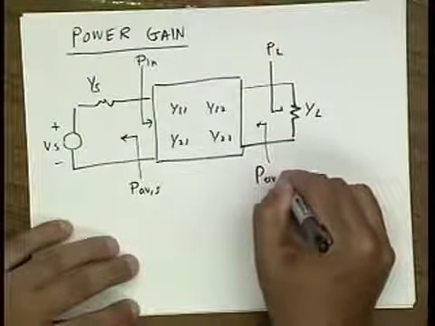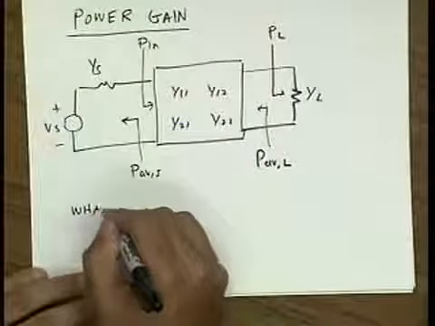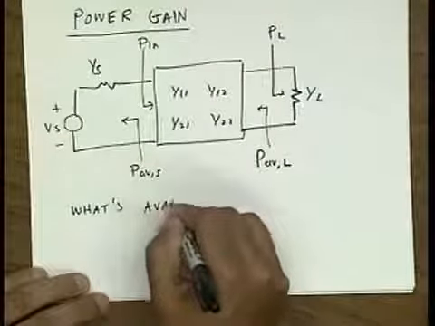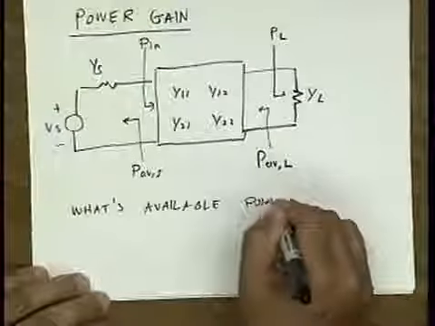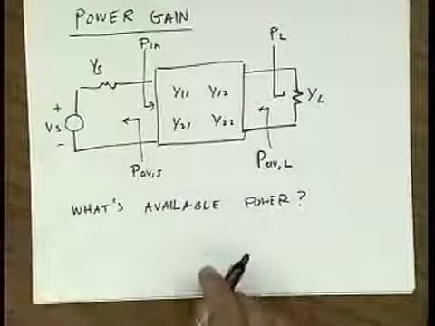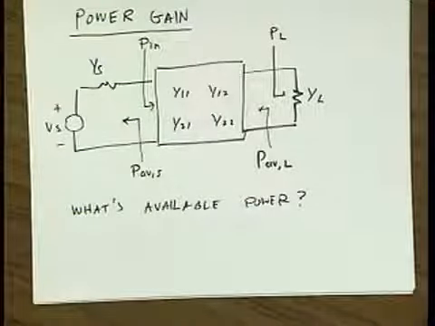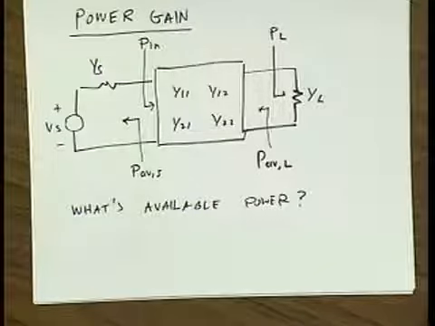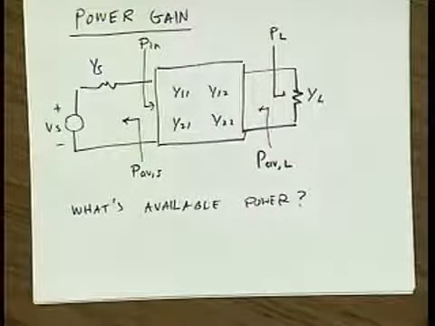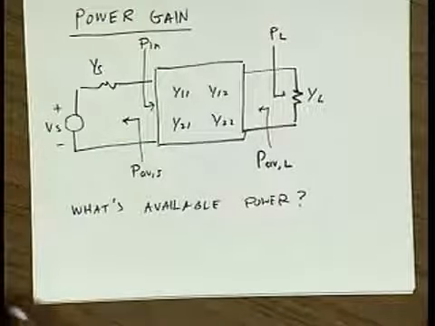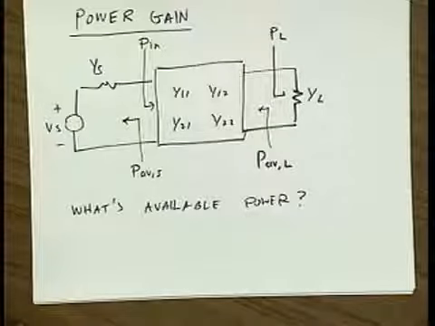So what do we mean by available power? Anybody? What is the available power? The available power is the maximum power that you can extract from a source under matched conditions.